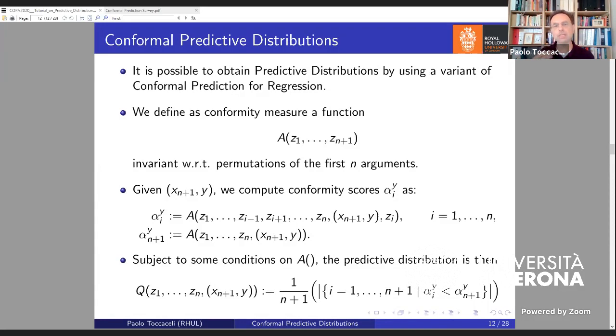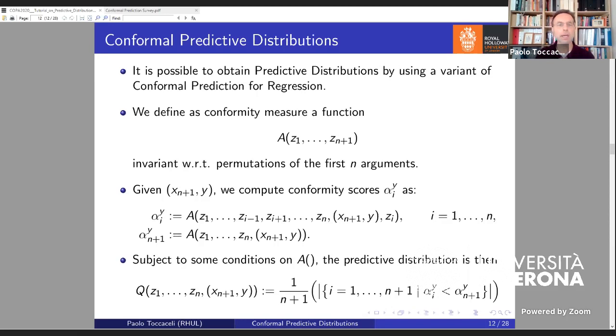You can think of this as a way of expressing the conformity of the n+1 observation, given the previous n observations that come from our training set.